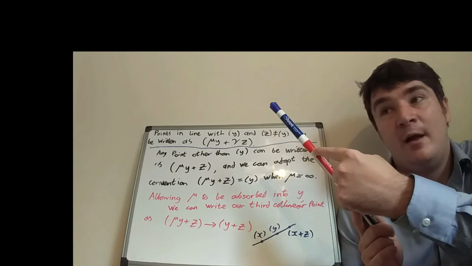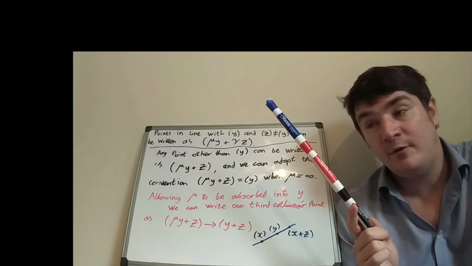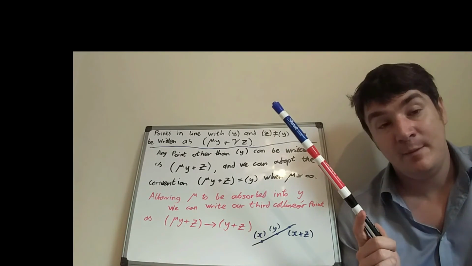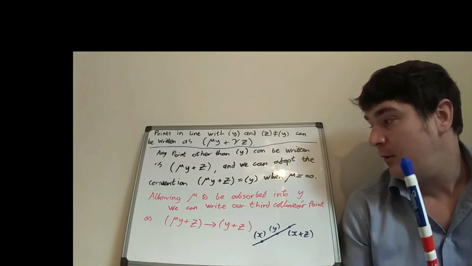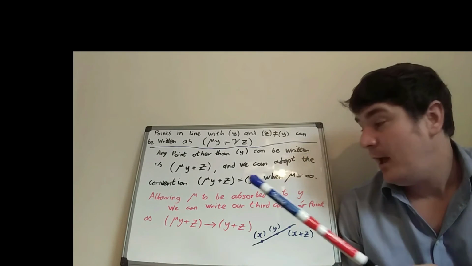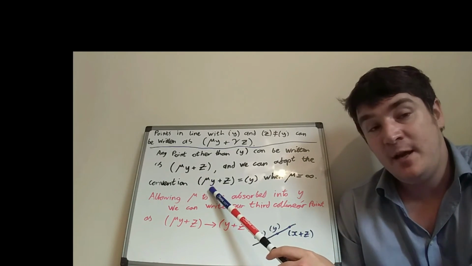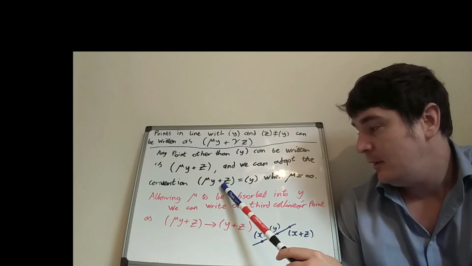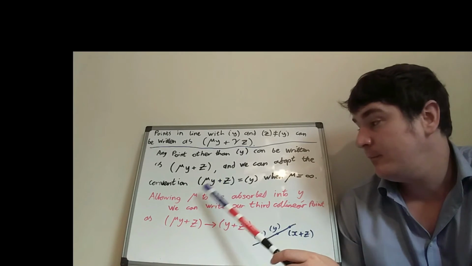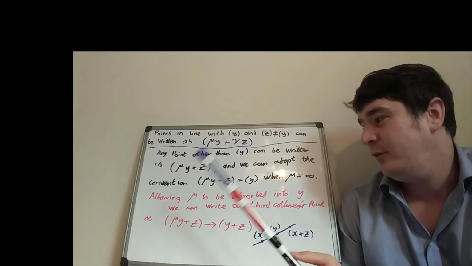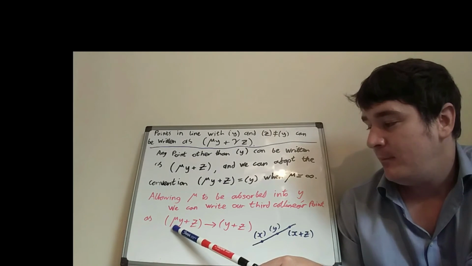Well, it turns out that we can actually describe any third point on this line without using any parameters at all. So, if you take a look at this expression here, let's say we have a specific point, say x, which is of the form mu y plus z.